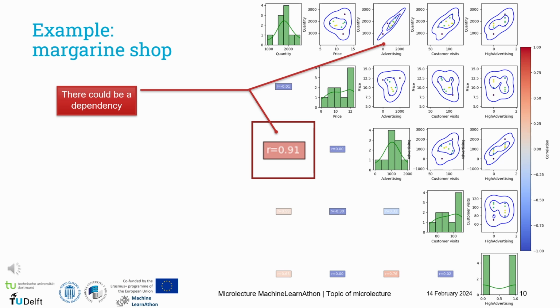This correlation plot helps us explore linear association between variables in the dataset. The high value here, R equals 0.91, indicates a strong positive linear relationship between advertising and the quantity sold.